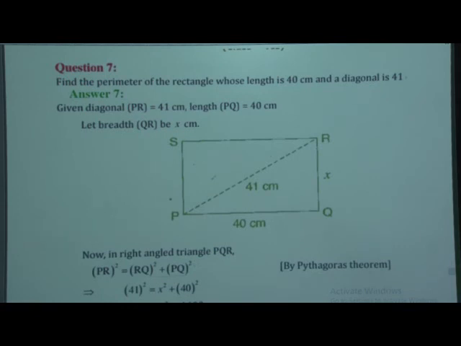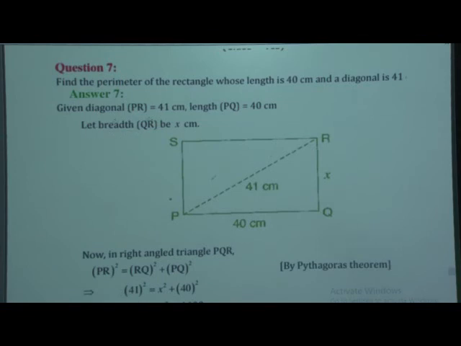Here you might be finding some rectangular shape. Find the perimeter of a rectangle whose length is 40 centimeter and the diagonal is 41 centimeter. What is a perimeter? You know the sum of all sides is nothing but perimeter.